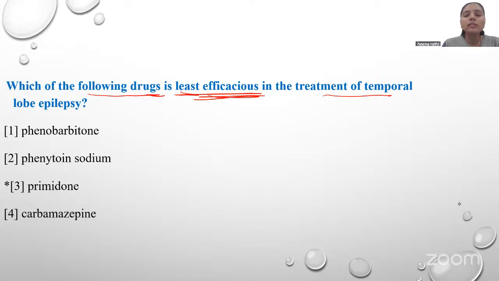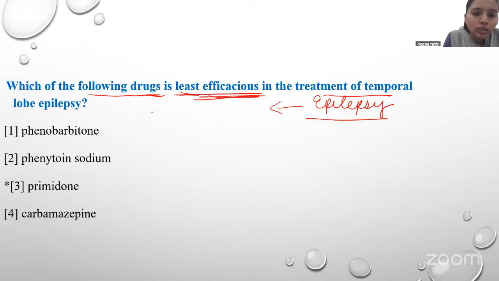First, what is temporal lobe epilepsy? What is epilepsy? Epilepsy is a group of CNS disorders in which there is cerebral dysrhythmia.